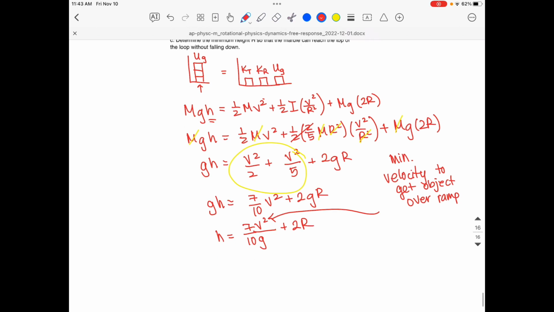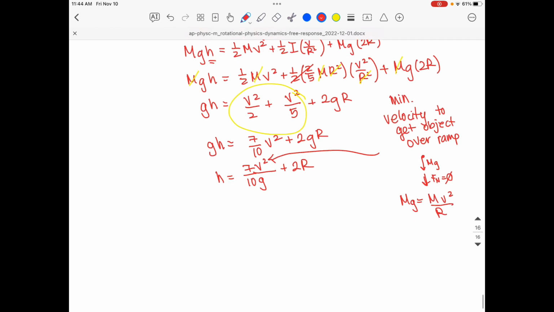In order to get the object over the ramp, the minimum value, obviously there's mg pulling down, but we've also got a normal force. But that normal force, if I want the minimum, would reduce down to 0. So it's right at the point where the surface exerts 0 force on the object. And it's still going in circular motion, so mg is equal to mv squared over r. And we are going to solve for v and plug that in.